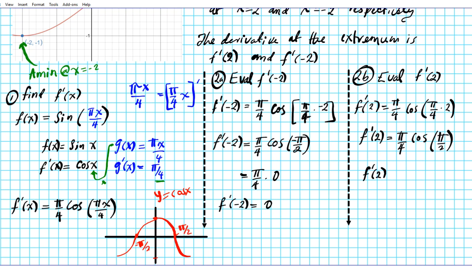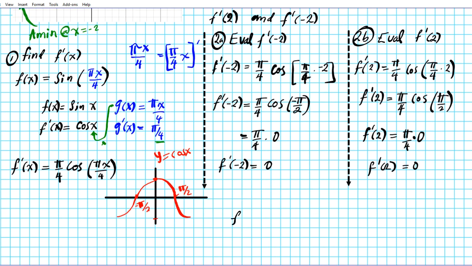So f prime of 2 is pi over 4 times 0. F prime of 2 is 0 also. Alright, so the derivative at the extrema, f prime of negative 2, this is at the minimum, is 0. And then the derivative at the other extrema, f prime of 2, is 0 also. Okay, so there goes your answers for question number 2.